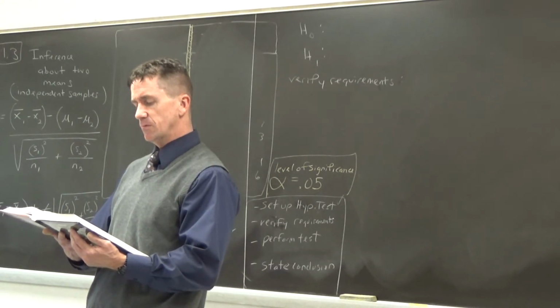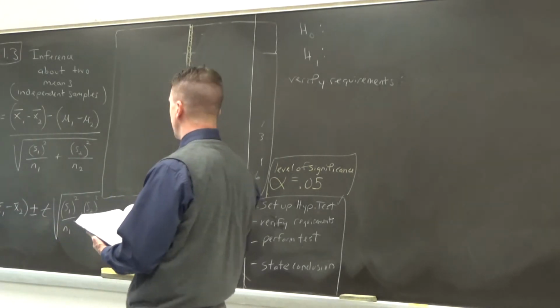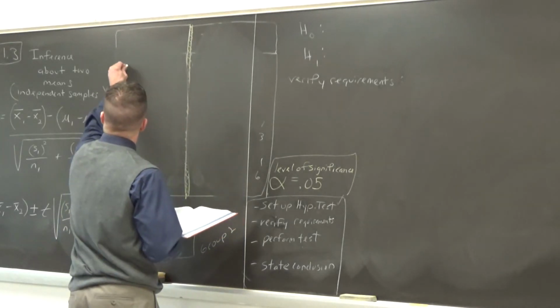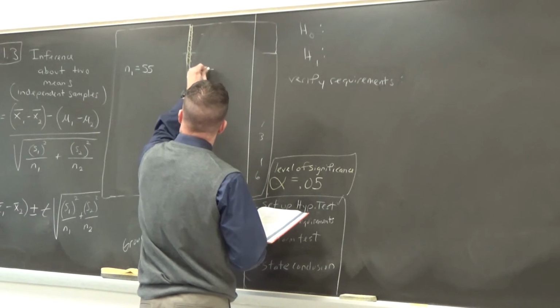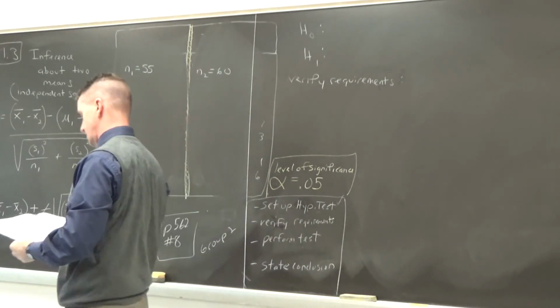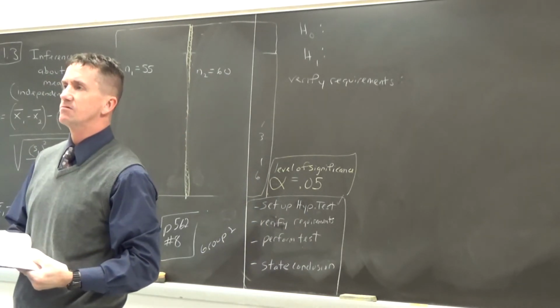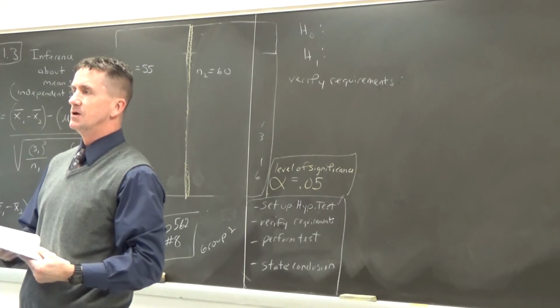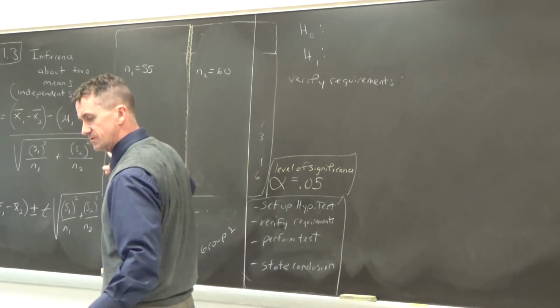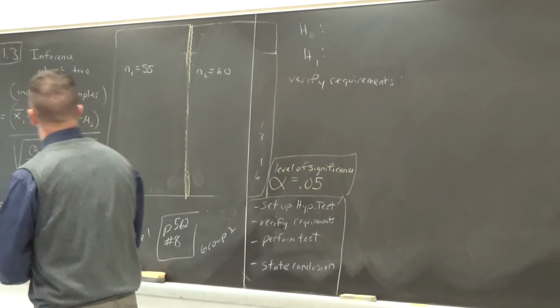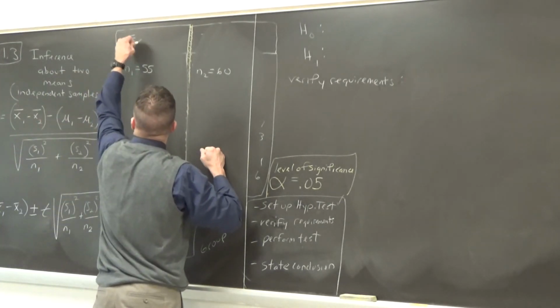So how many did they put in group 1? They put 55 of them. Group 2? 60. Okay. Well, who's getting the real deal? This was a double-blind experiment. Who's getting the real drug? Who's getting a placebo? This is the experimental group right here. They're getting the real thing.